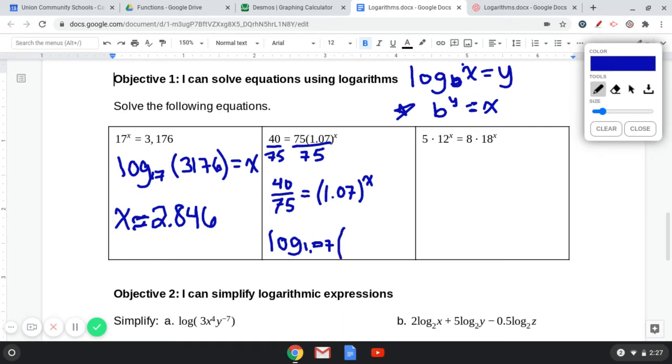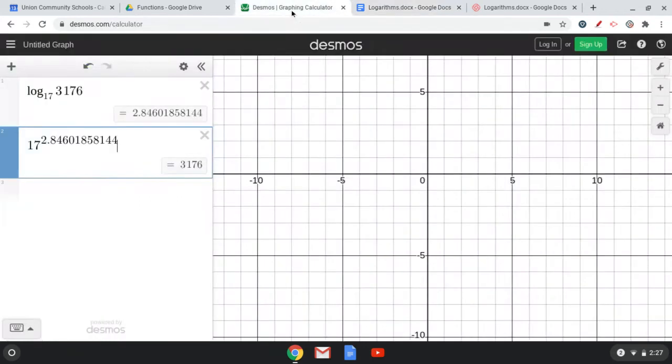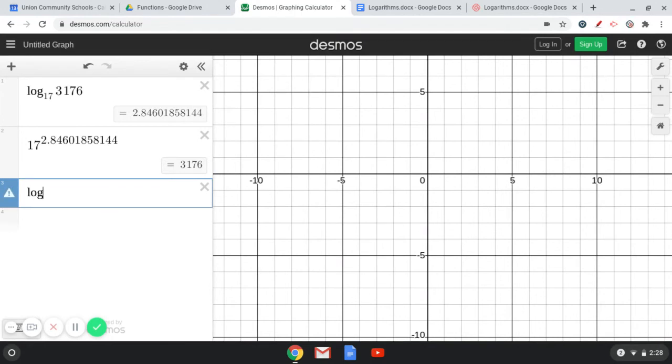Of what our exponential part is equal to, 40 over 75, and that is equal to x. So now we can go back to Desmos and type log base, shift minus, 1.07 of 40 over 75, which equals negative 9.29088407176.